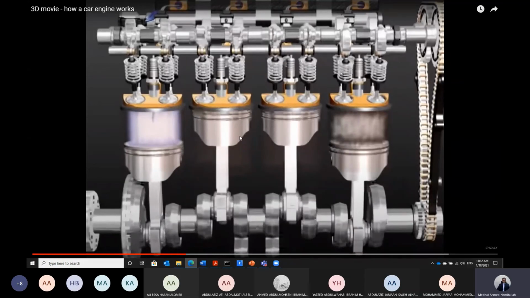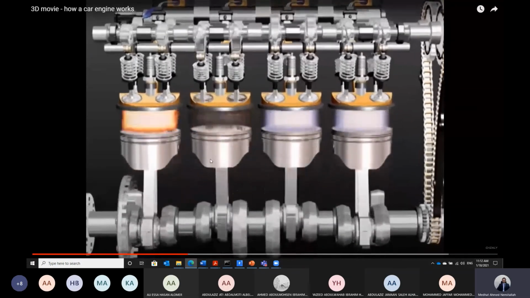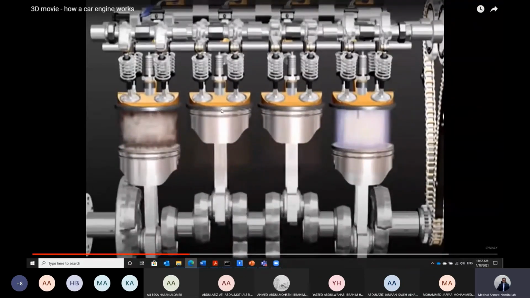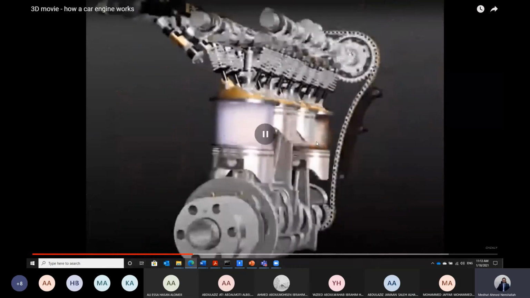Usually you will find each 2 pistons are moving together. The second and third pistons are moving together up and down, and usually 1 and 4 are moving together.